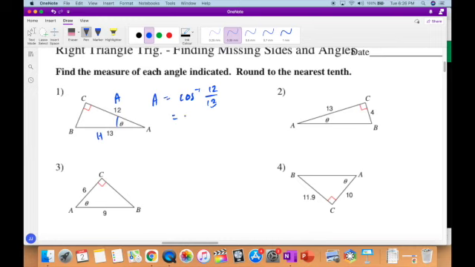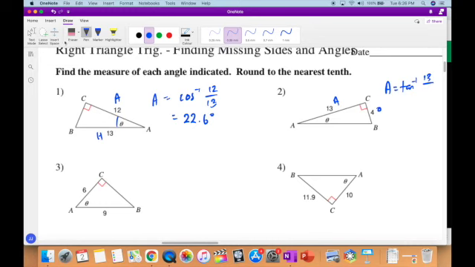What do you all get for this? 23? 22.6? Yes, sir. Alright. So this one here is adjacent over opposite. So we're going to use tan. So tan inverse of the adjacent over opposite.